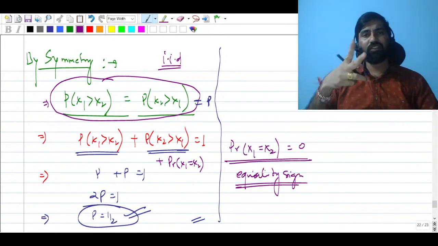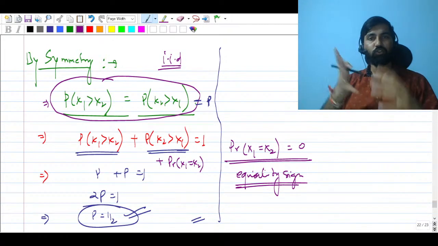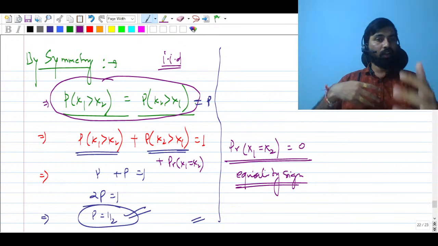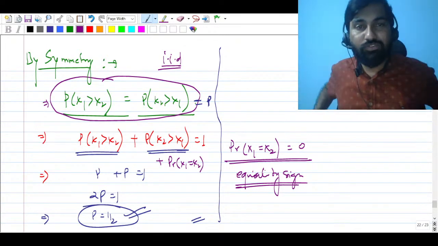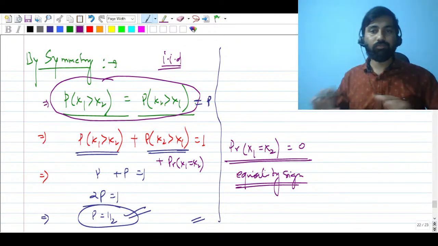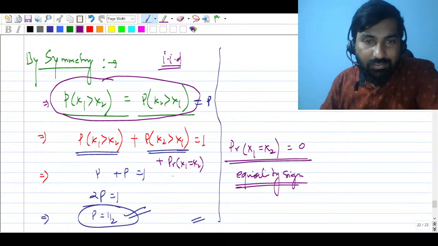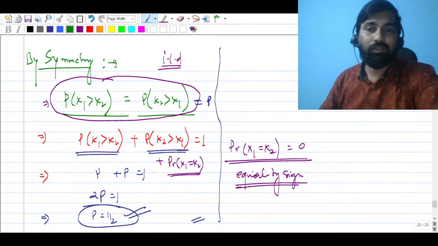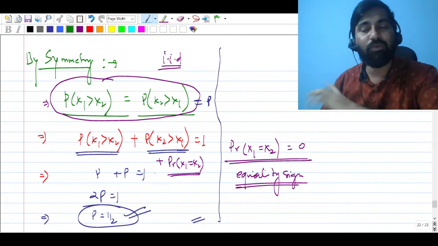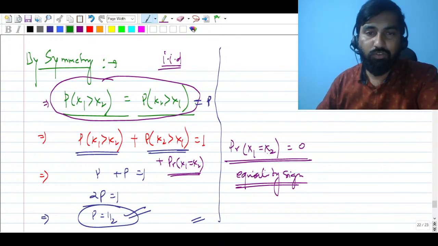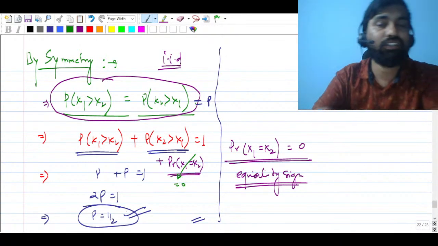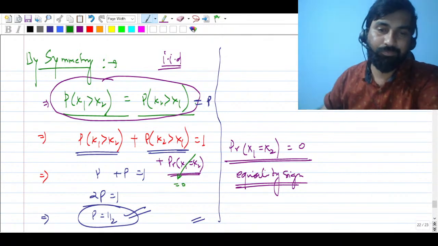If you just flip the sequence, your distribution would be the same, and your region of support is going to be the same for both cases. And as we know the concept, wherever you find the equality sign, the probability should be 0. So this is going to be 0 and your answer will be probability equal to 1 by 2, right?